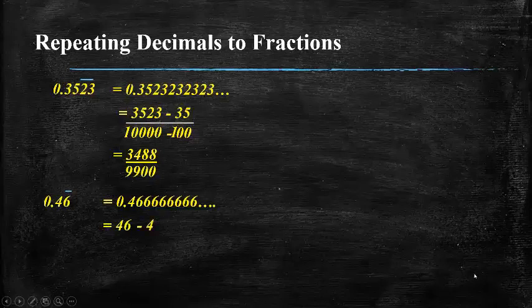In the denominator, after the decimal point you have 2 values, so you will have 100, which will be subtracted with the number of non-barred values. The number of non-barred values is 1 here, so I'm just going to subtract 10. So this will give me the equivalent fractional value for the repeating decimal 0.4666.